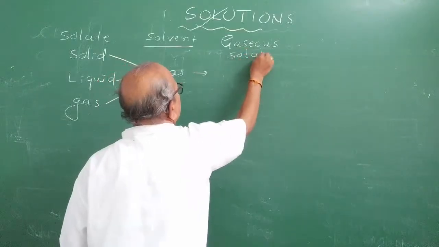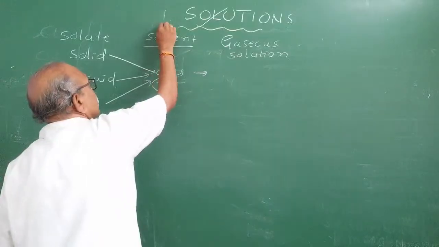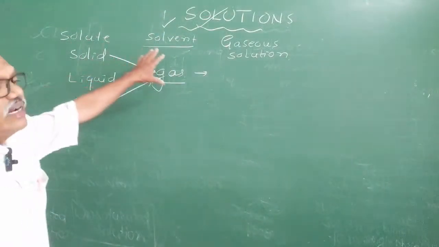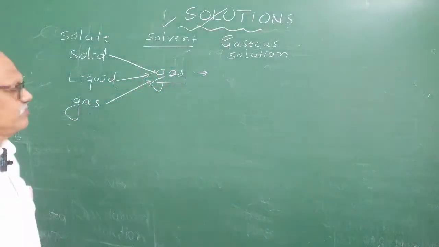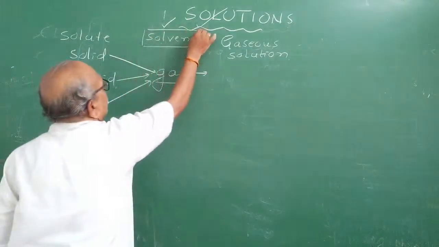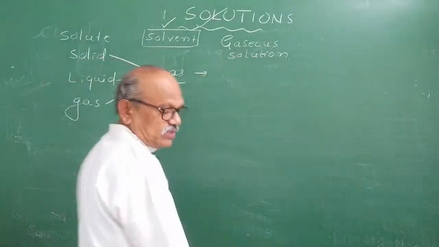Why are they gaseous solutions? I told you that generally the physical state of the solvent will decide the state of the solution. Now, if the solvent is gas, then it is called a gaseous solution.